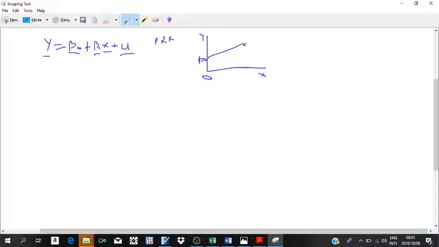This will be x. The gradient here is given by the change in y over the change in x, and this would give you your beta 1, right?